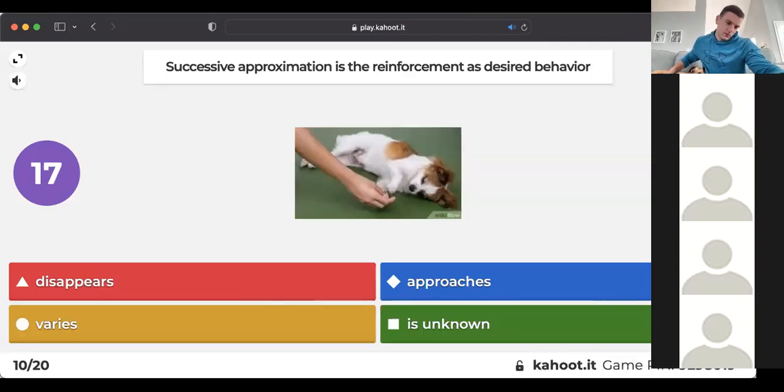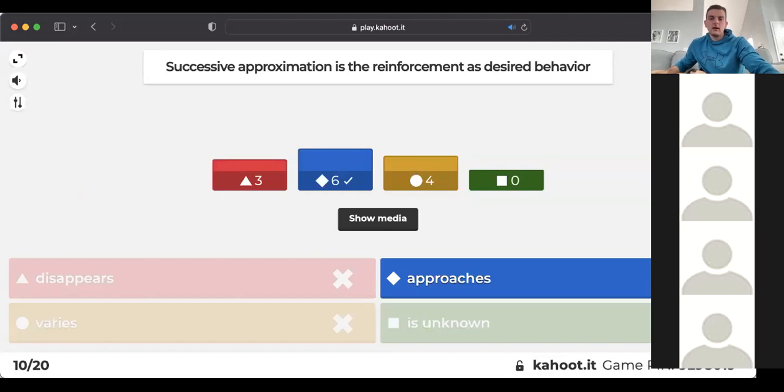All right, what's successive approximation? Right, so we are reinforcing as the desired behavior approaches.